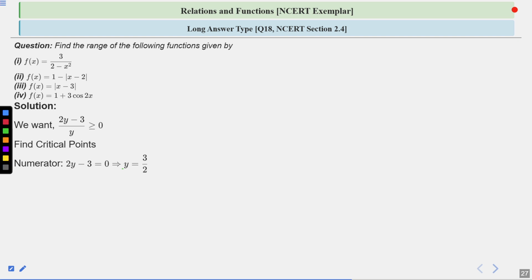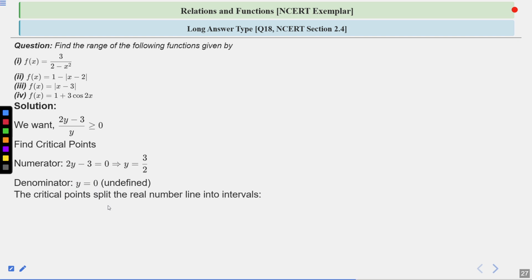So for the numerator we are getting y as 3 by 2 and for the denominator we are getting y as 0. Now the critical points split the real number line into intervals. What are these intervals? y less than 0, y greater than 0 and less than 3 by 2, and y strictly greater than 3 by 2.